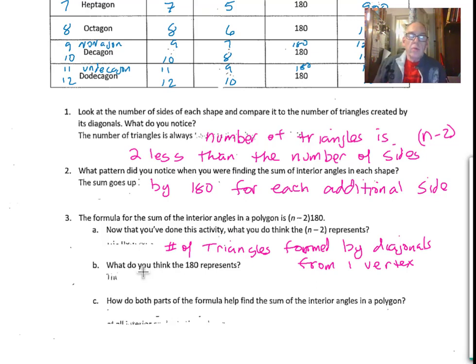What do you think the 180 represents? The number of degrees in each triangle.